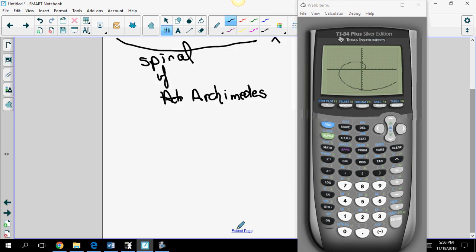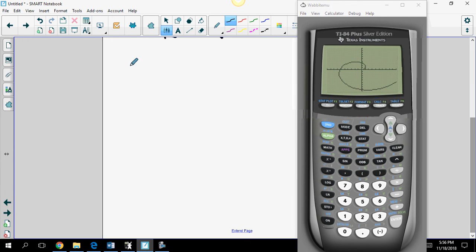Now, there's one more for sure I want to graph. It's r equals 5 plus 10 sine theta.